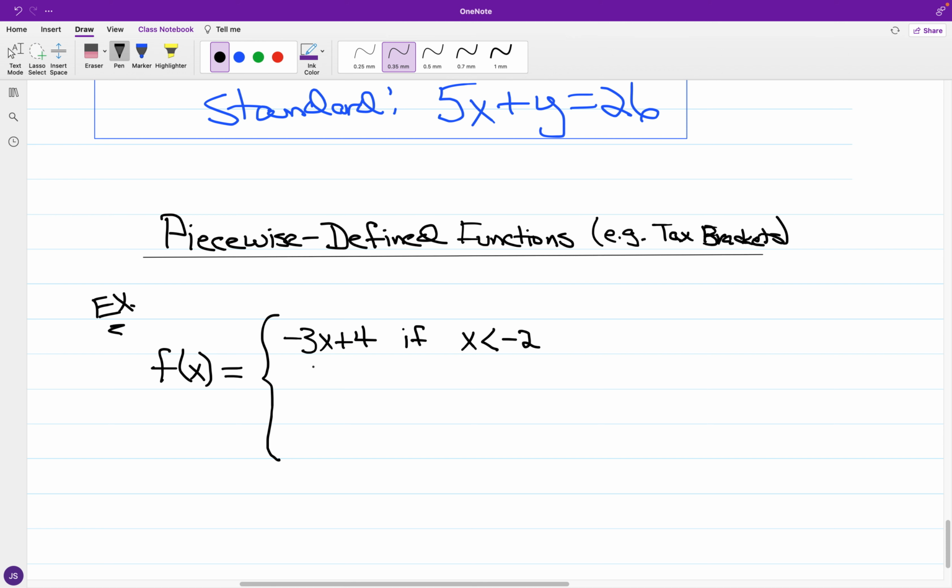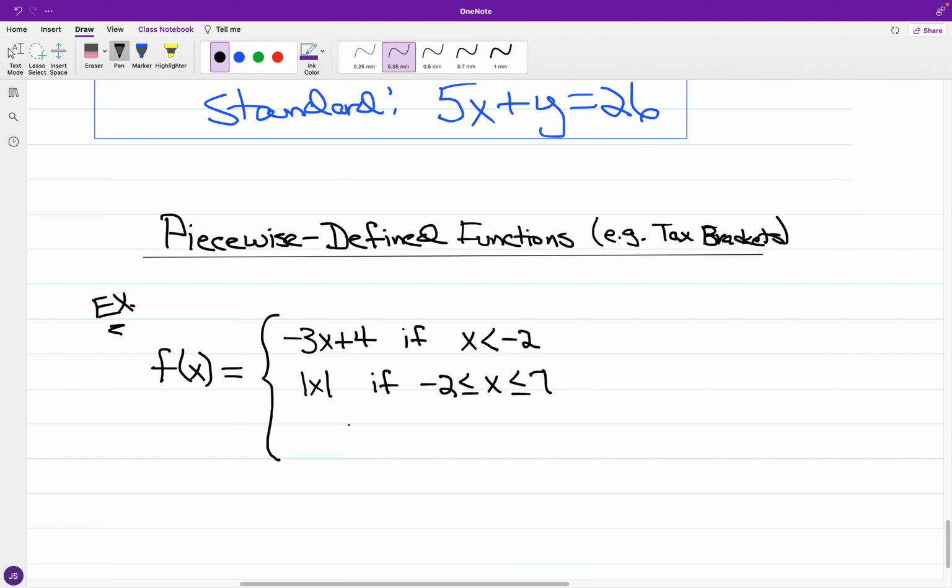But now for other values in x, we can say that f of x is equal to the absolute value of x if -2 is less than or equal to x, which is less than or equal to 7.